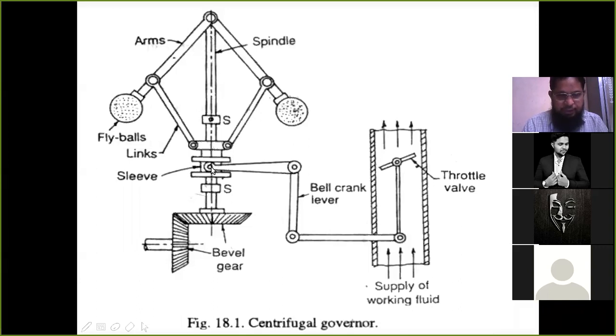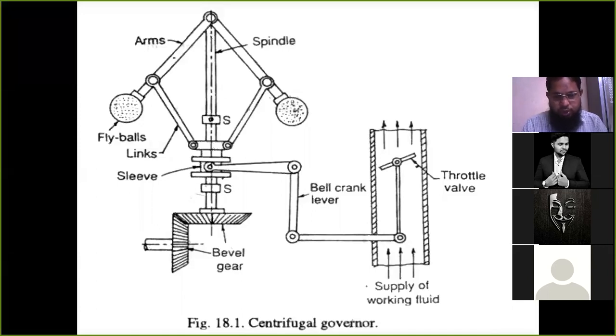Again, the movement of the sleeve is transmitted through the bell crank lever to open the throttle valve. As the throttle valve is opened, the supply of working fluid increases, and this increases the engine speed to the normal speed. This way, the centrifugal governor works.